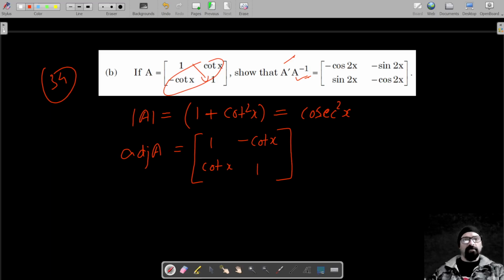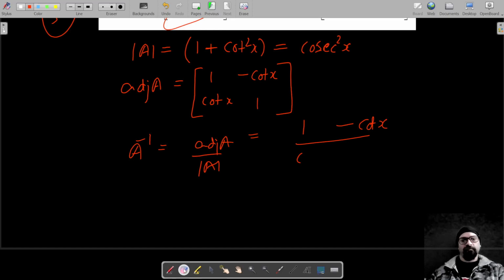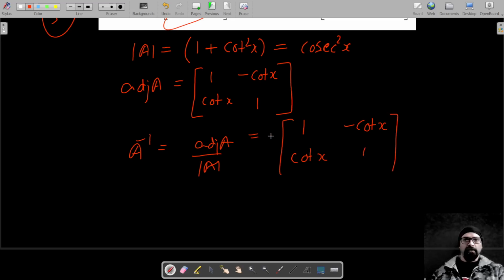And now we have to find A inverse. So A inverse is the adjoint of A divided by the determinant of A. So the adjoint of A is 1, minus cot x, cot x, 1, and this has to be divided by the determinant of A, which is cosecant square x.